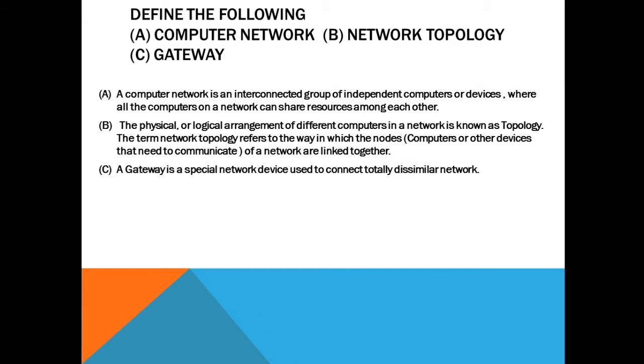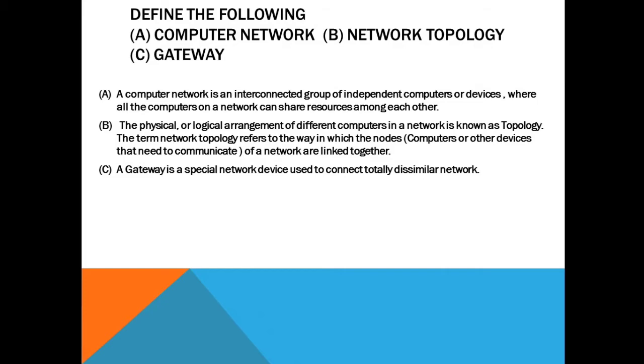This is the right answer, my dear students, so memorize all these things. And what is a gateway? A gateway is a special network device used to connect totally dissimilar networks to each other. All these are the right answers. Kindly pause the video, write down the answers and memorize them for your examination.